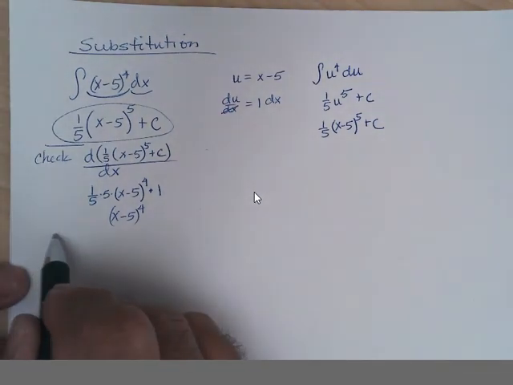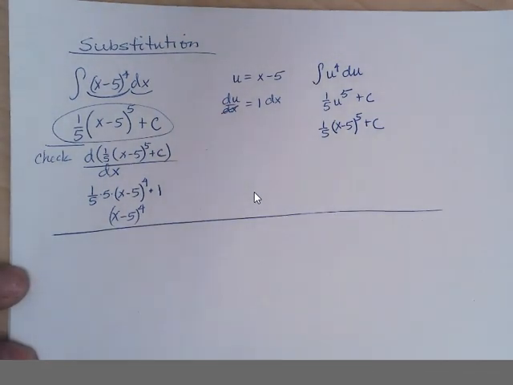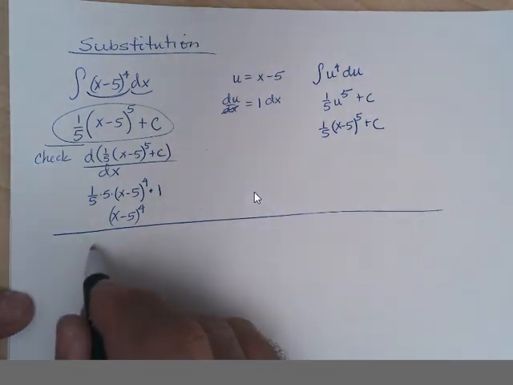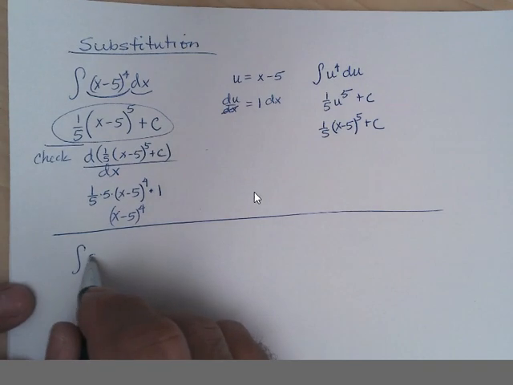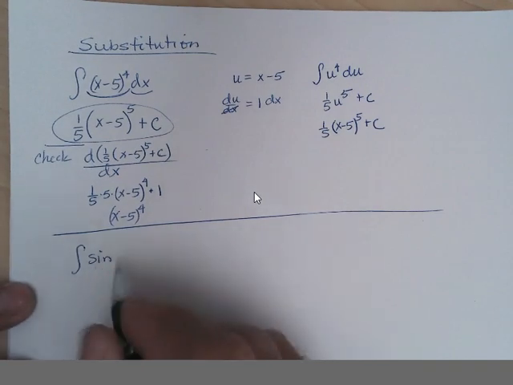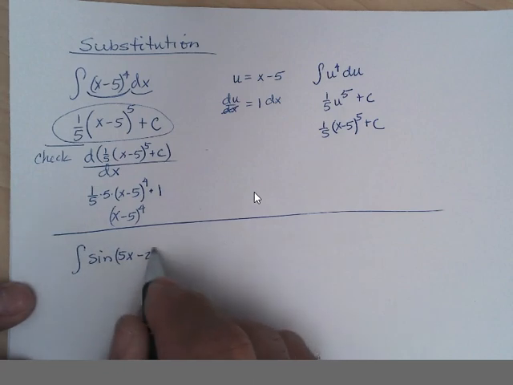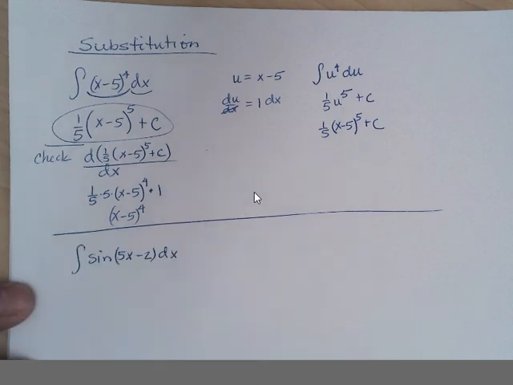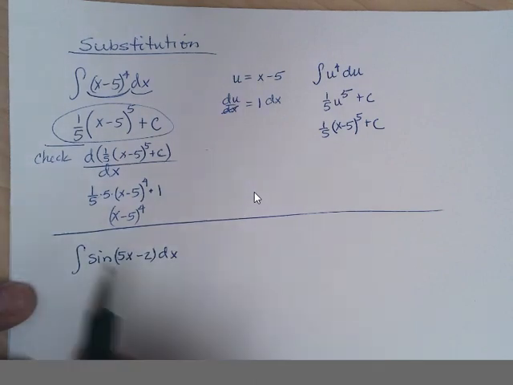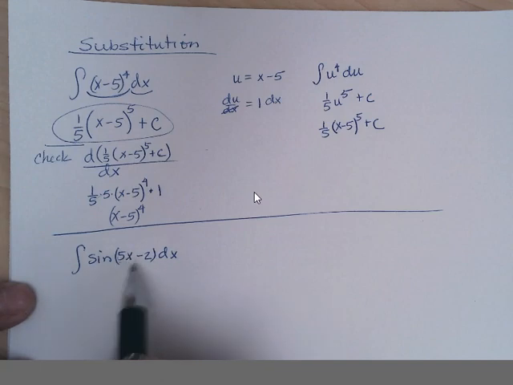Well, that seems silly. We didn't need to do that because we did it in our head. Well, let's do another one that we probably could do in our head. The antiderivative, or the integral, of sine of 5x minus 2. Well, what's making this a little messy is the stuff inside.